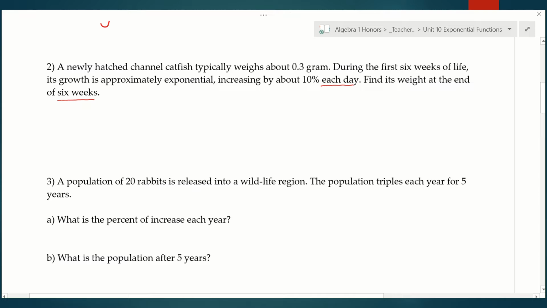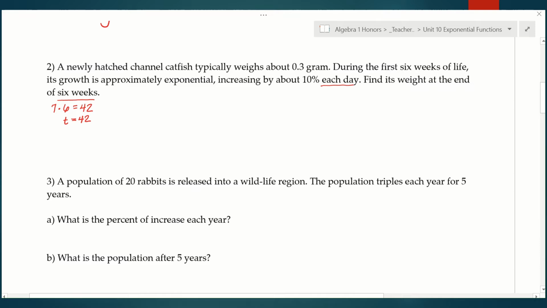How many days are there in 6 weeks? Well, there's 7 days in a week times 6 weeks gives me 42. So my time is going to be 42.